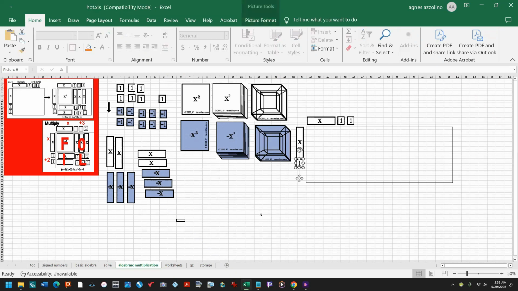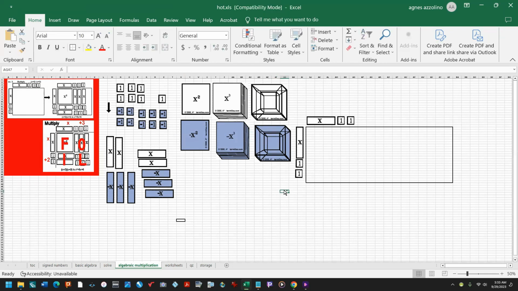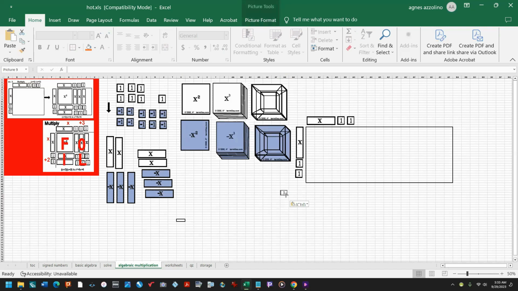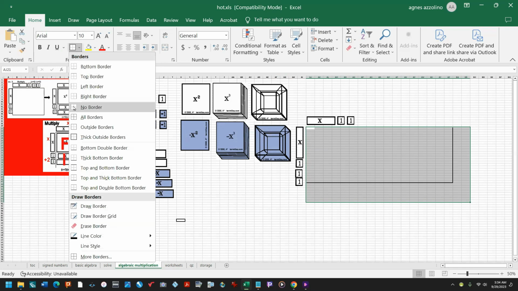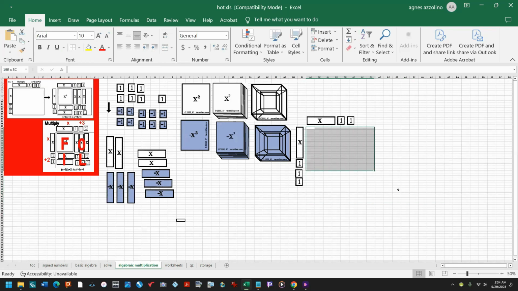I'm going to copy it. I'm going to paste it. I'm going to paste it. No, that wasn't good. And I'm going to get rid of this. I need it a little bigger. Okay, now let's fill in the boxes.